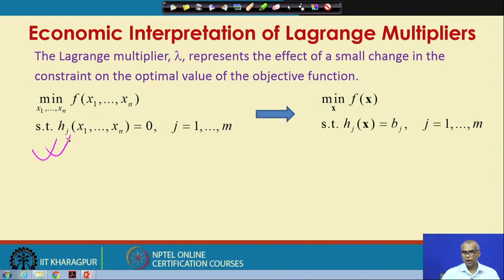Now, I do not change the objective function, I change the constraint slightly: instead of the right hand side equal to 0, I make the right hand side equal to b. So h j equal to 0 becomes h j equal to b j. The right hand side of each equality constraint is now changed from 0 to b j, so b 1, b 2, b 3 up to b m.